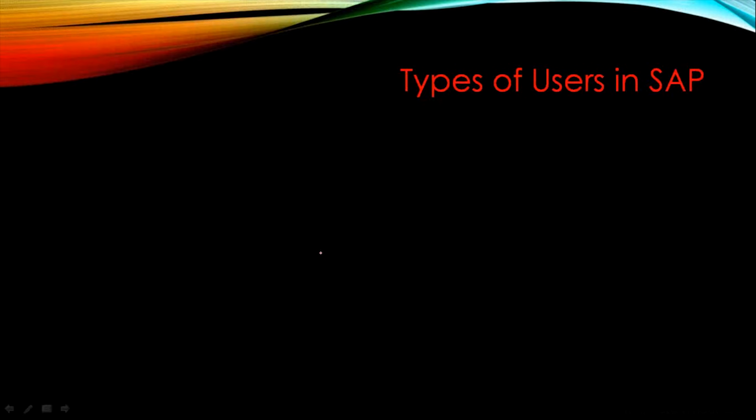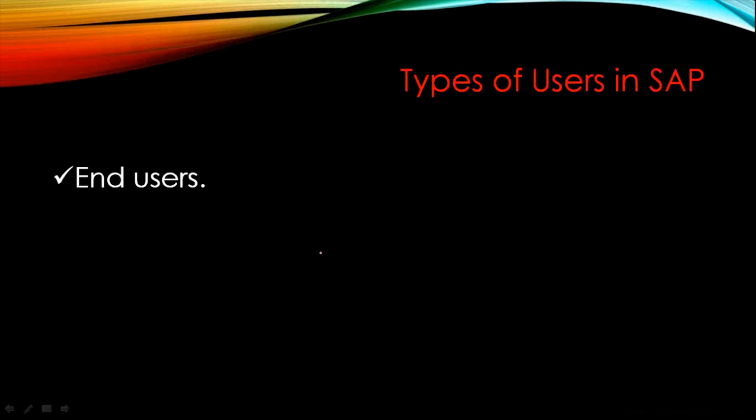Now we'll discuss the types of users in SAP. We have basically three types of users in the SAP system. The first one is end users, who use the SAP system for their day-to-day activities.